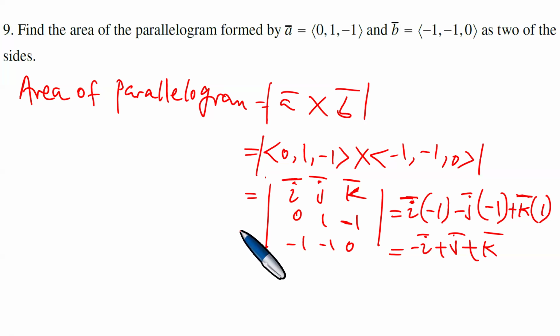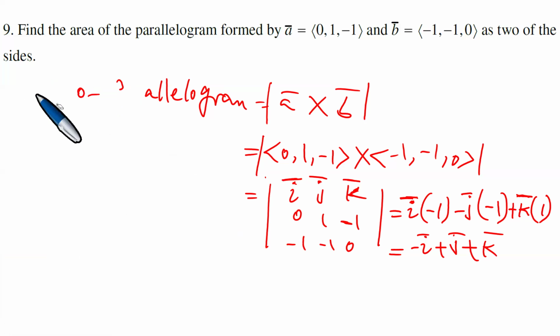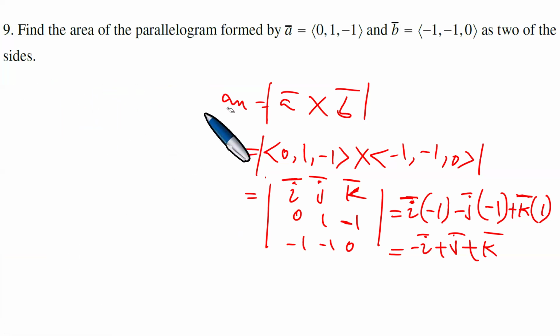So in principle, to write it nicely, we can first find A cross B, to make sure it's neat.